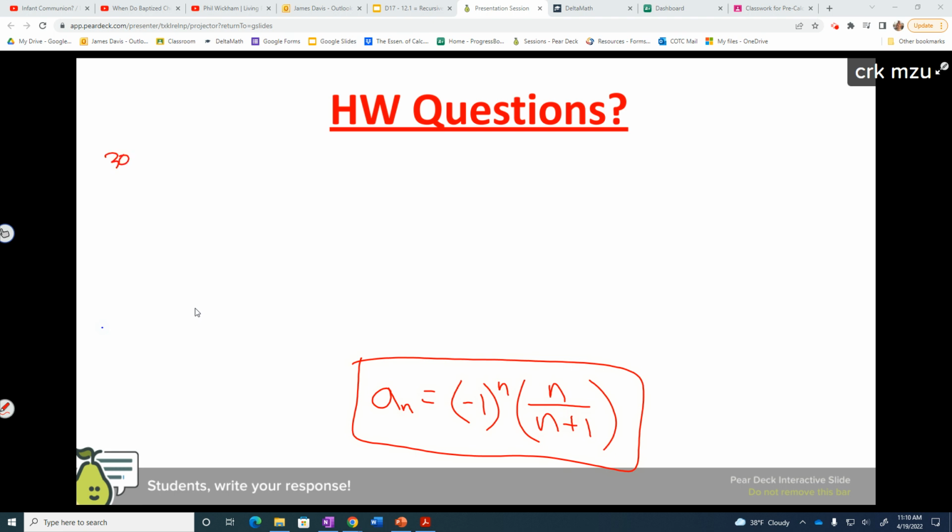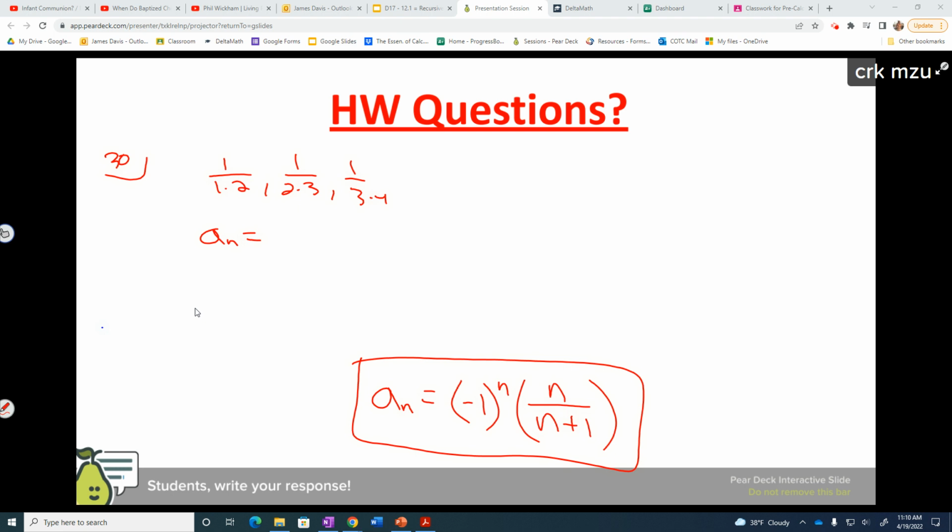All right, so number 30, it was this 1 over 1 times 2, 1 over 2 times 3, 1 over 3 times 4, some more. That was the pattern. So we would say a sub n equals, let me just get rid of this part. What does it equal?